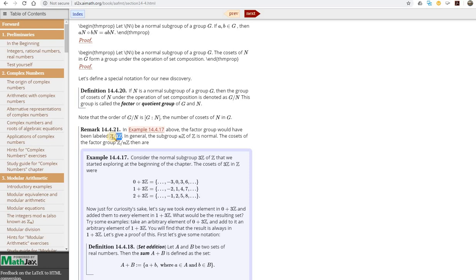The denominator is a subgroup of the numerator. So this fraction here is a set of cosets of the denominator.